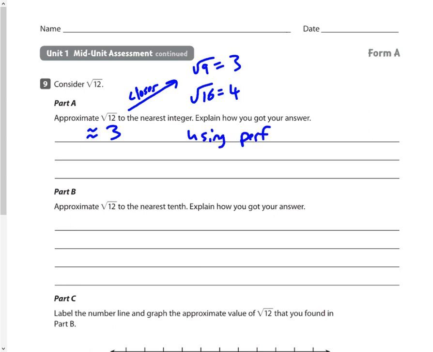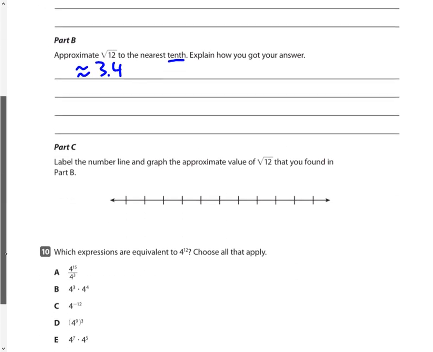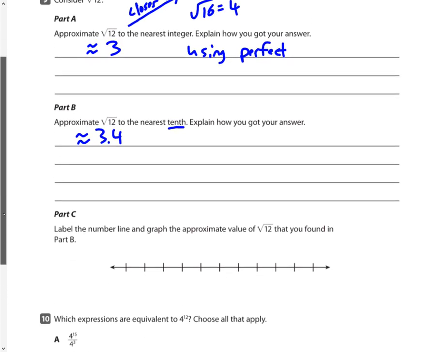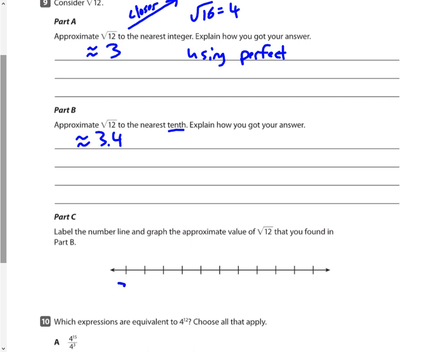Now we could go farther and still simplify that and try to get more to the nearest tenth in part B. And I would say it's really like right in the middle, but it's just a little bit closer to 3. So maybe approximately equal to 3.4. Again, using the perfect squares. And then it says put it on the number line. If you wanted to estimate that, let's do 3.1 all the way up to 4.